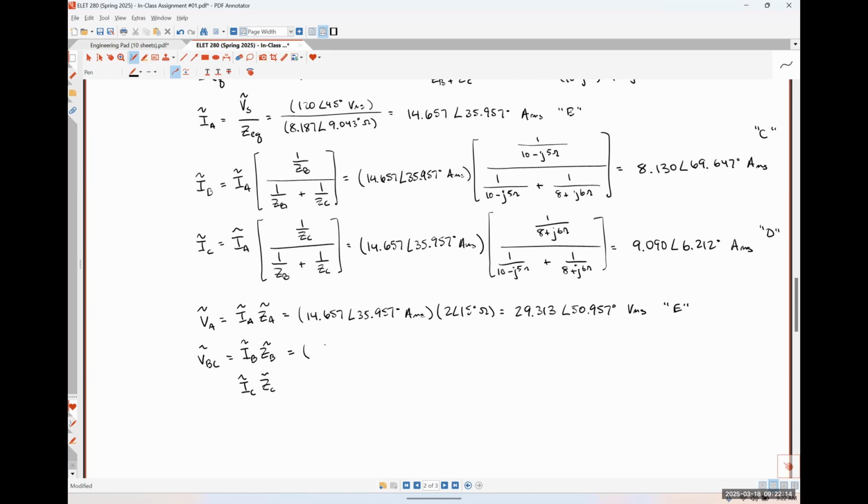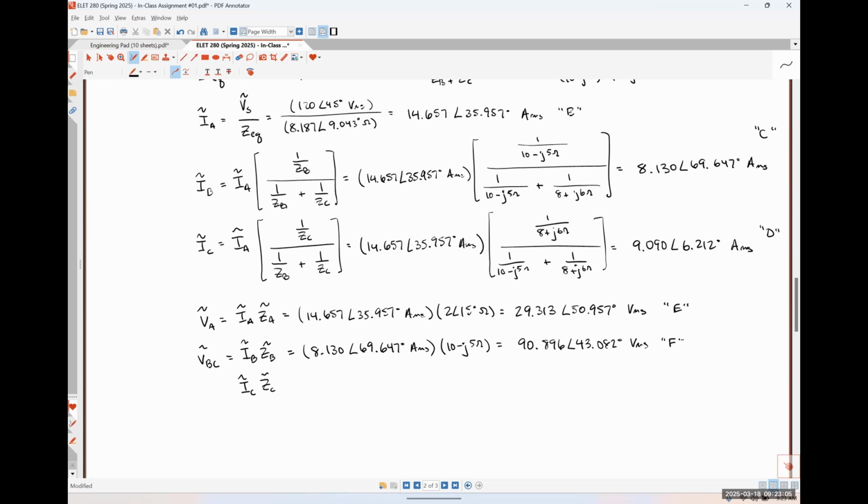So that would look like 8.130 angle 69.647 degrees times 10 minus J5 ohms, which I got to be 90.896 with an angle of 43.082 degrees volts RMS, which I'm storing as F.